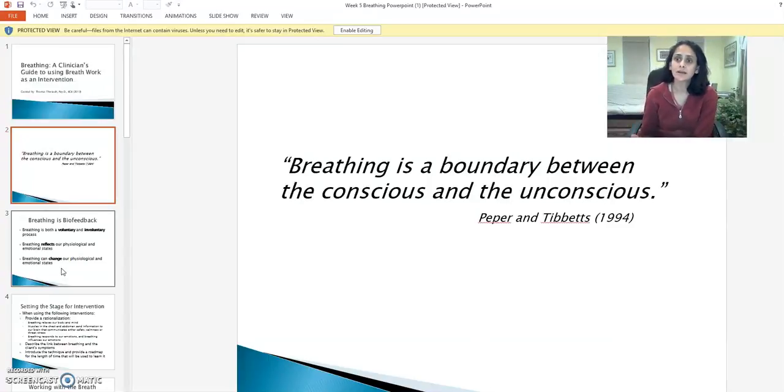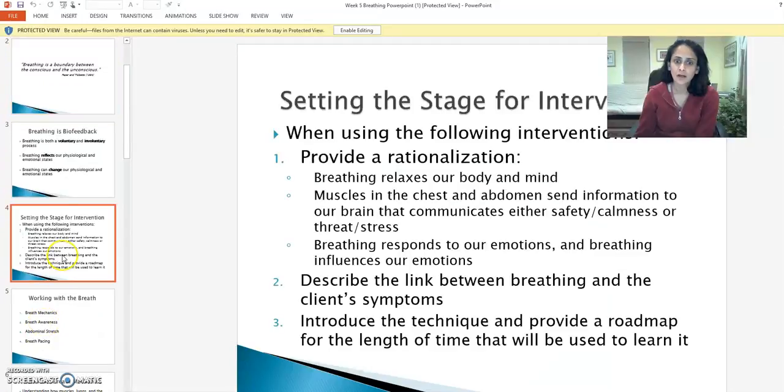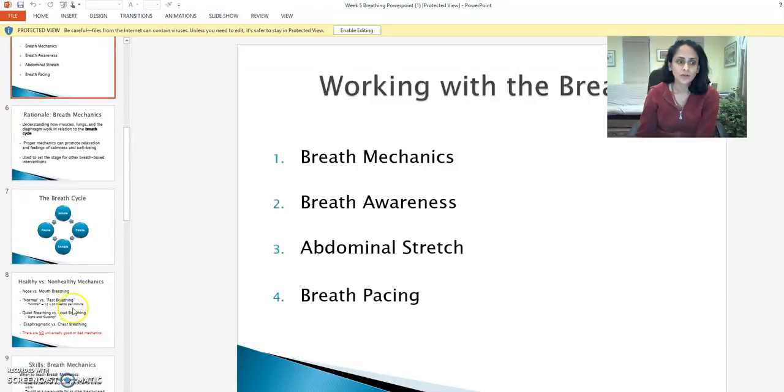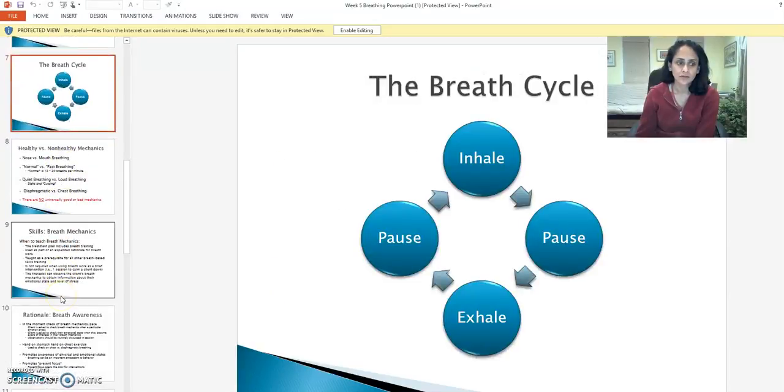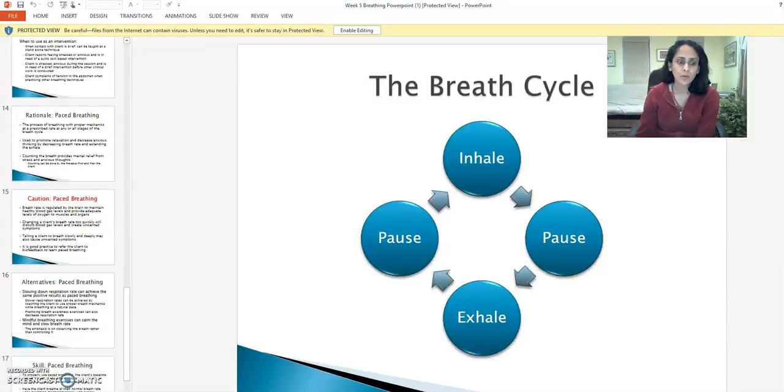So breathing is essential, and it is easy to master, and your clients will have a lot of success if you suggest this intervention. It is not out of their comfort zone, they're used to doing it, and it has tremendous benefits. So here they're talking about how to set the stage, what do you work with, etc. Okay, so this is the PowerPoint.